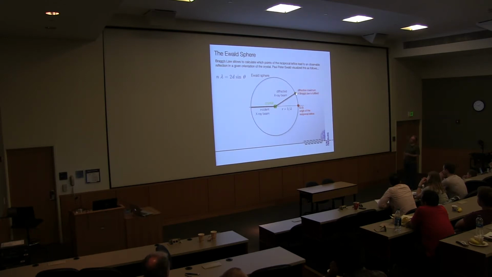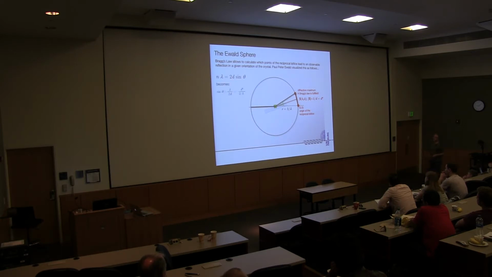every diffraction maximum that fulfills Bragg's law will be on the surface of this sphere, because if you think about it, Bragg's law says we have a reflection on lattice planes that are here. That means that basically this is the angle theta, and this, the whole thing, is the angle 2 theta. And then, actually, and I'll just skip over this a bit quickly, but this here will then be 1 over d, which is the distance of the actual lattice planes here in the reciprocal lattice.